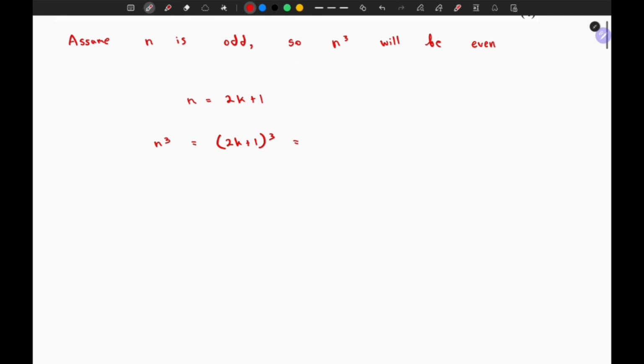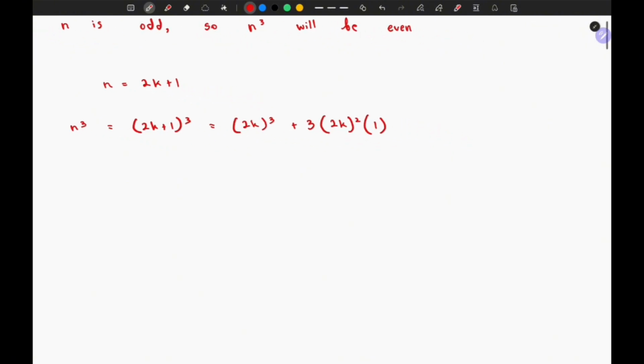So if we use the formula (a plus b) whole cube to expand this, we can write this as (2k) cubed plus 3 times (2k) whole square times b plus 3a and b squared plus b cubed.